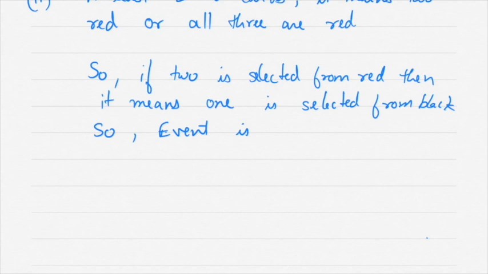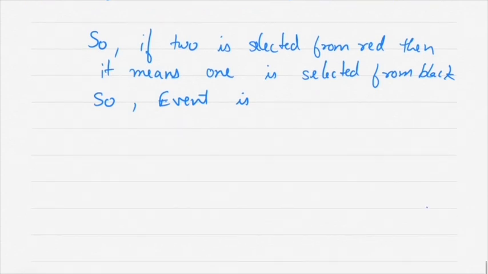So 2 cards are red and 1 card is black, or all 3 cards are red. So if 2 are selected from red, then 1 is selected from black.